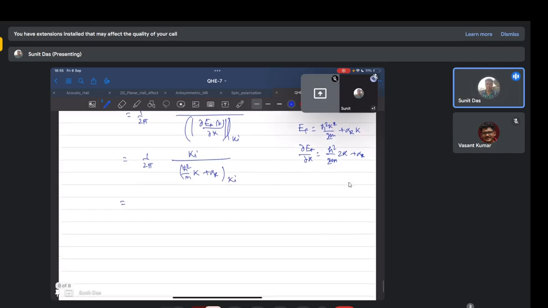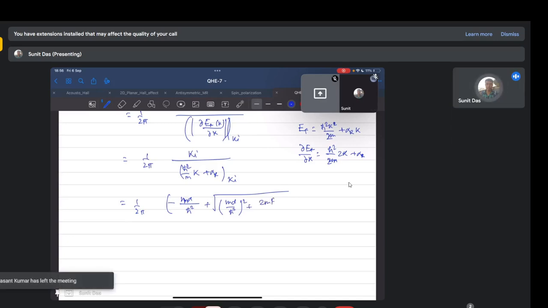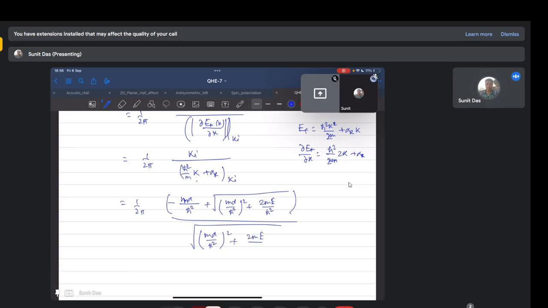Now if I put the values, then 1 by 2 pi and then minus m alpha by h bar square plus root over (m alpha by h bar square) whole square plus 2mE by h bar square, and then when I write this k and alpha r, we will have only this term actually, root over (m alpha by h bar square) square plus 2mE by h bar square.